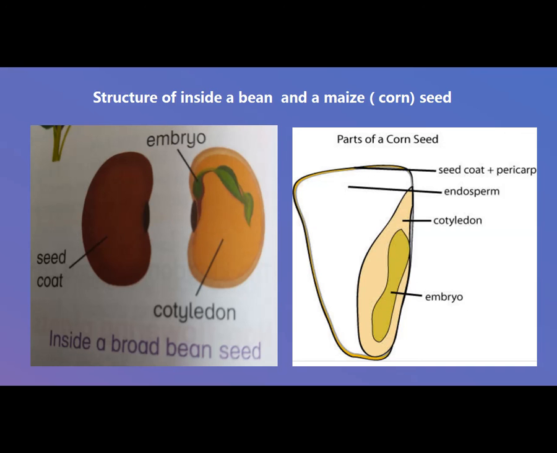Cotyledons are leaf-like structures. Cotyledons are also called seed leaves. And what is embryo, students? Embryo, or a new plant, you can say, or baby plant, grows into a new plant when the conditions are right.